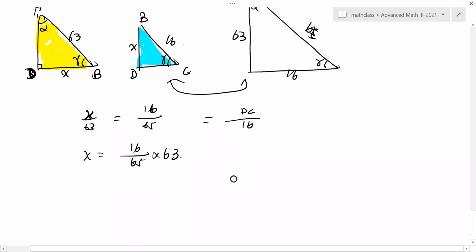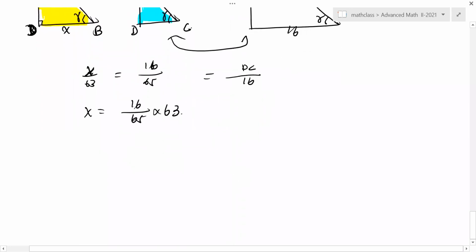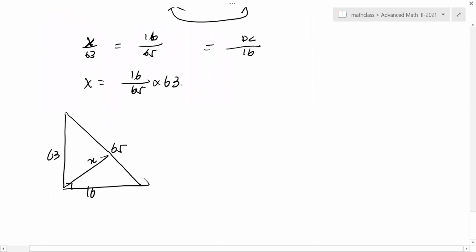Another way to solve this problem: let's go back to it. 65, 63, and 16, and you want to find X. Sometimes you're not told this is a right triangle, but it is, because 63 squared plus 16 squared equals 65 squared.